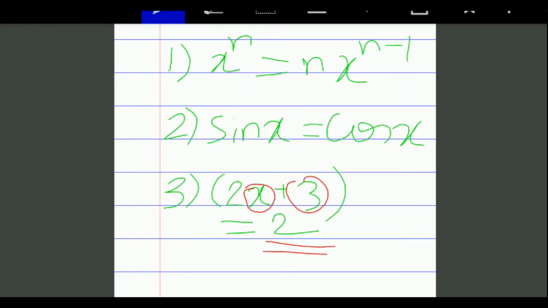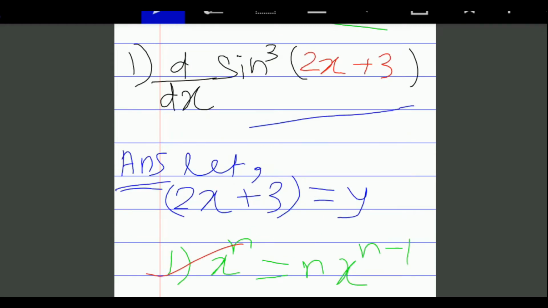By combining these three rules, after letting 2x plus 3 be equal to y, the question would change to sin cube y.